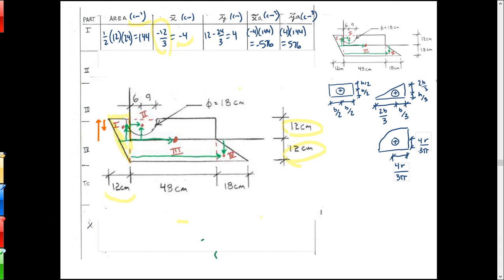So I'm going up 12, which is this number. That gets me to the base of the triangle. Then I got to come back 1/3 of the height, which is 1/3 of 24. And the result of that is I go 4 above the x-axis to get to that centroid of the triangle. 12 up, 1/3 of 24 back down, because the centroid for a triangle is at the 3rd point.